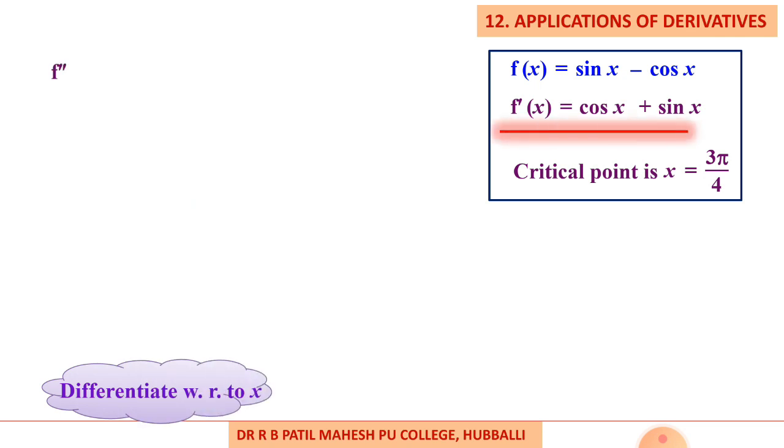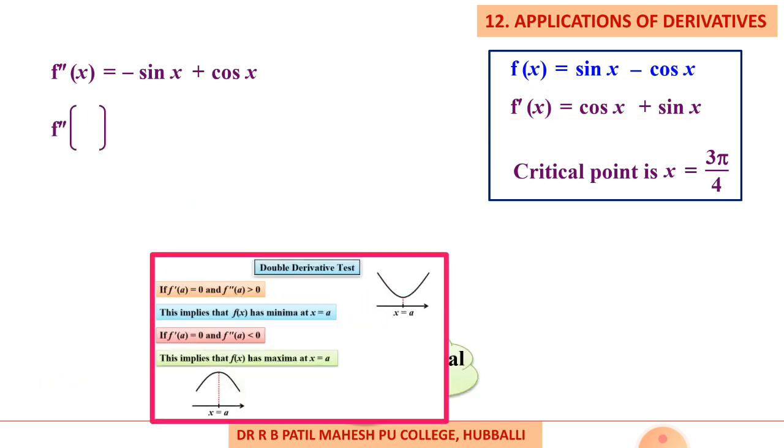Next, the second derivative, f double dash of x is minus sin x minus cos x, that is f double dash of 3 pi by 4 equal to minus sin 3 pi by 4 minus cos of 3 pi by 4.